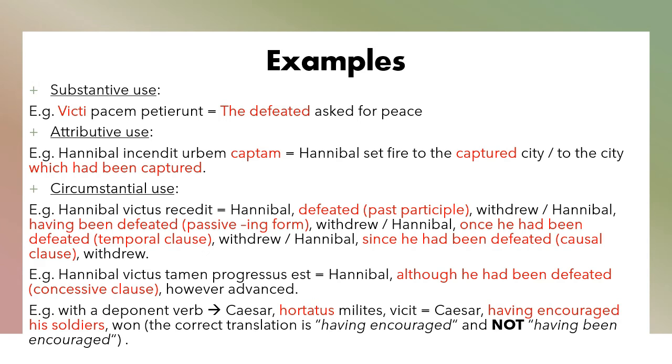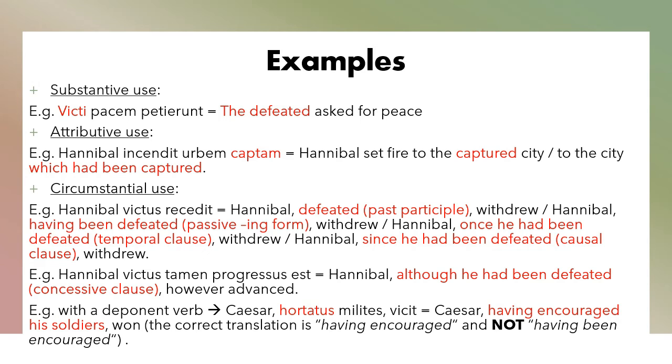Let's see the attributive use, so when the participle is used as an adjective. Hannibal incendit urbem captam. In this case, the best translation, or maybe the easiest, is by using a simple past participle in English too. So Hannibal set fire to the captured city.